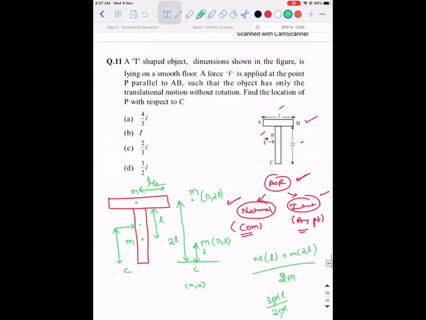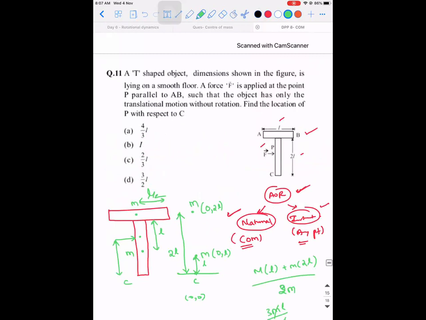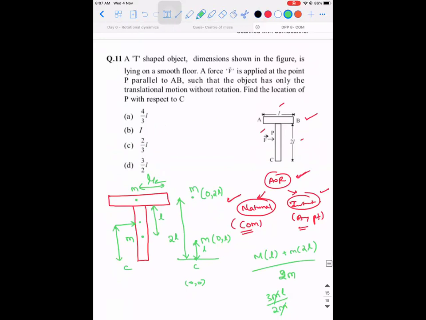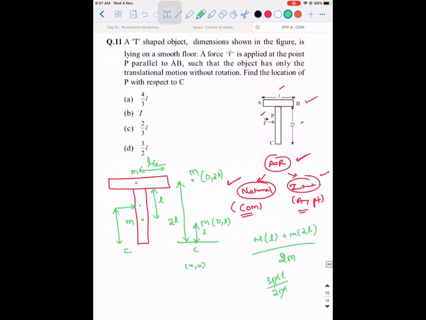Did they mention anything about their densities? See, actually, I've considered something. What is not given in the question and what have I considered? The mass, sir. The mass is actually not given. If this question comes in the exam, you will get marks, because they have not mentioned anything about their density, nor where this vertical rod is hinged with respect to the base.